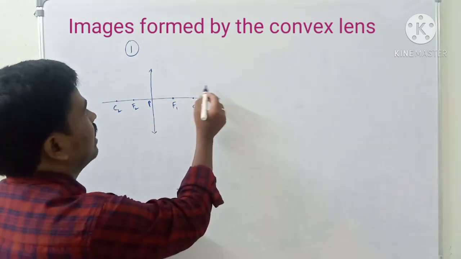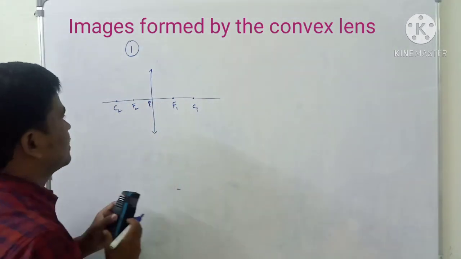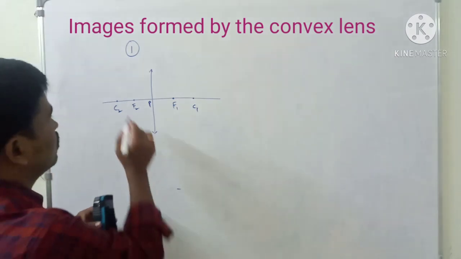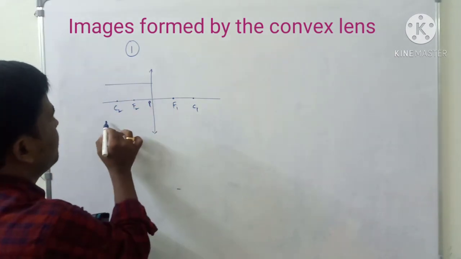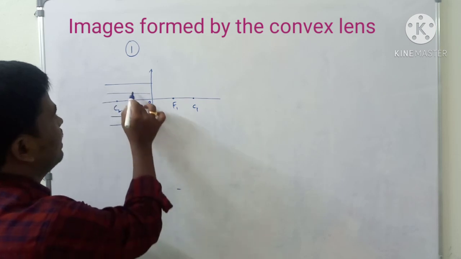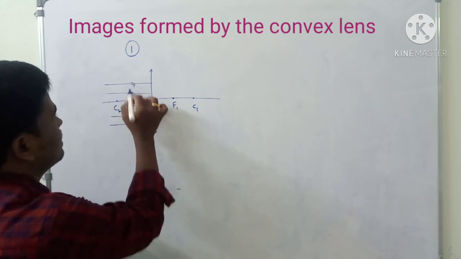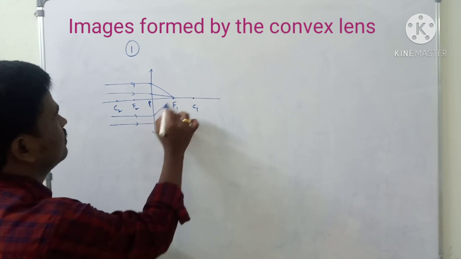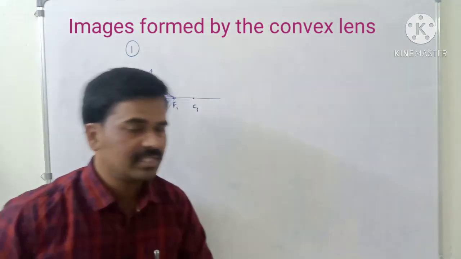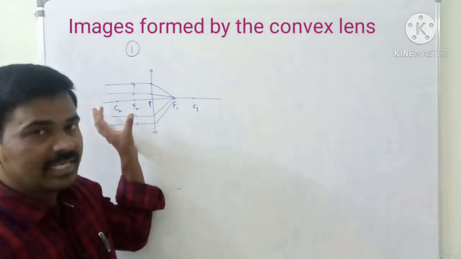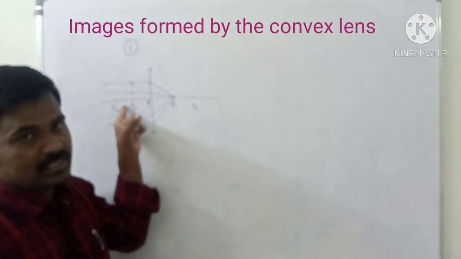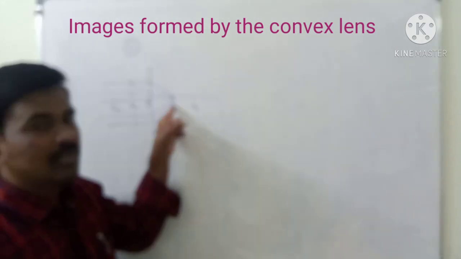Let me assume the rays are coming from this side. We can take any ray, all rays converge at the focus only. We knew it already. The rays which are coming parallel to the principal axis converge at the focus.